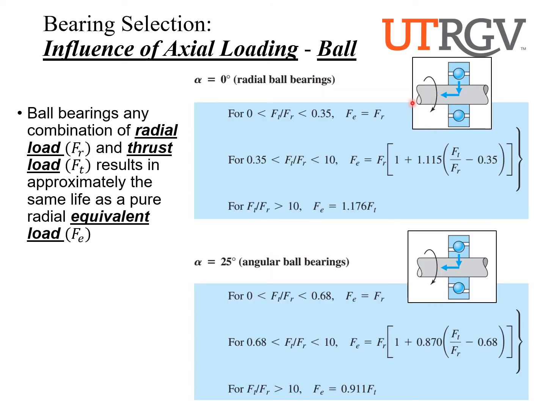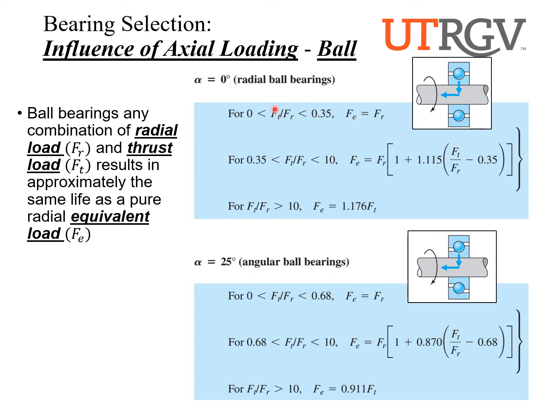So hopefully it's clear from the previous slides that, for example, if you have a radial bearing, those bearings are designed just to take radial loads. And if you start putting any sideways forcing or any thrust loads, their service life might decrease. So how do we actually account for that as engineers? Well, what we do is calculate the ratio of the thrust load divided by the radial load.